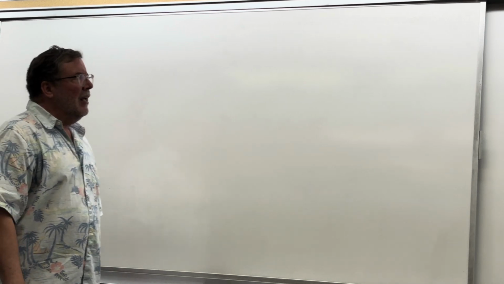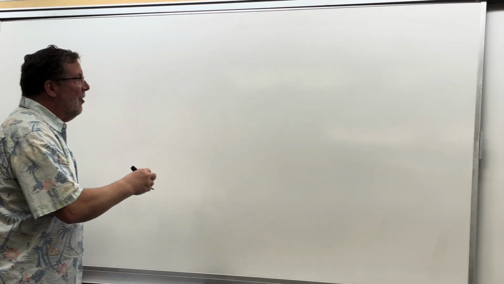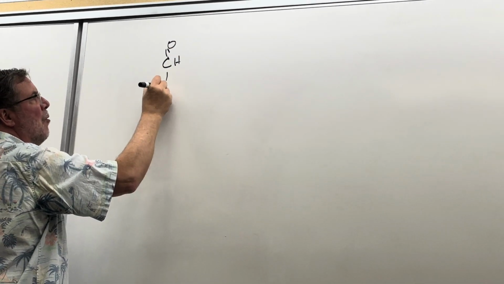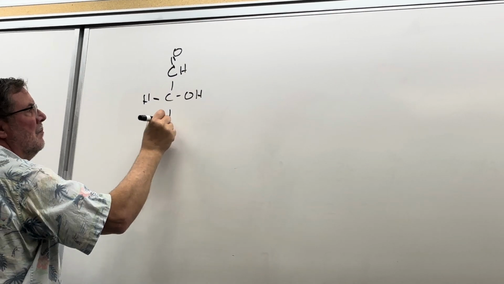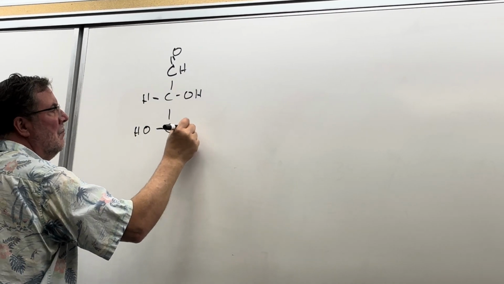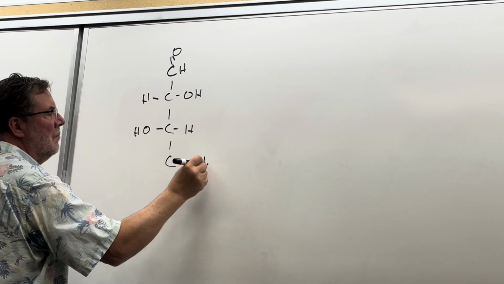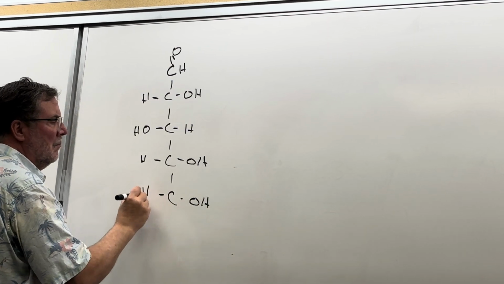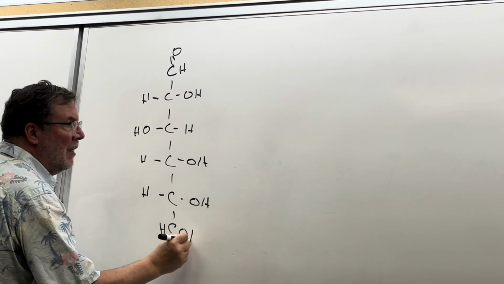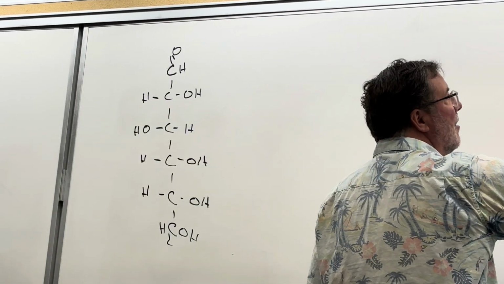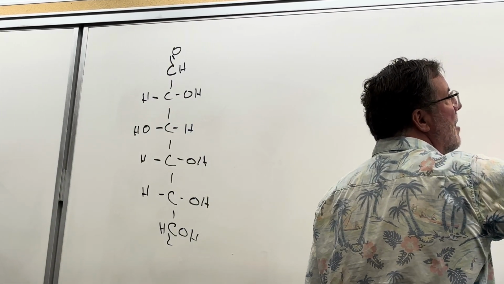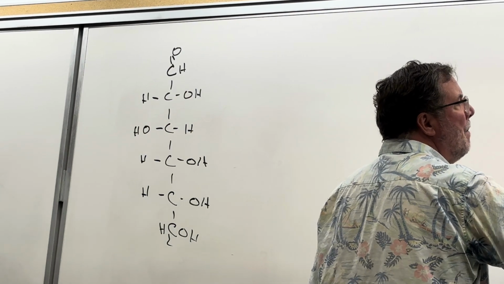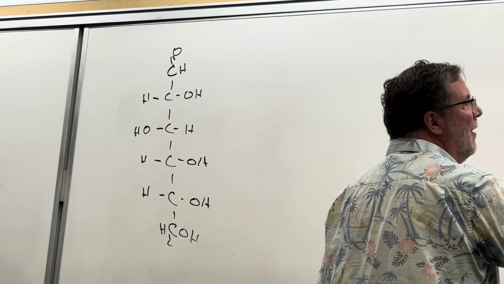But I want to point out something before we get into that. I'm going to take glucose and draw the Fischer projection of glucose just to make a point here. The end of this first phase is the generation of 2 glyceraldehyde 3-phosphate molecules.